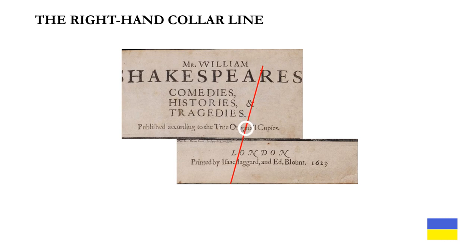It goes straight through the I in original, the second I. Clips the first O in London. And goes between the C and the I in Isaac jagged.